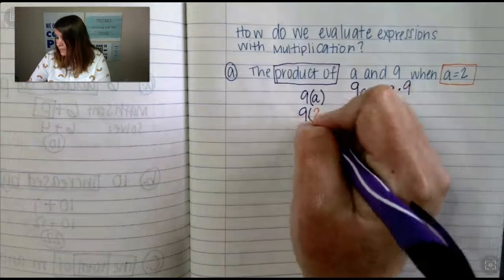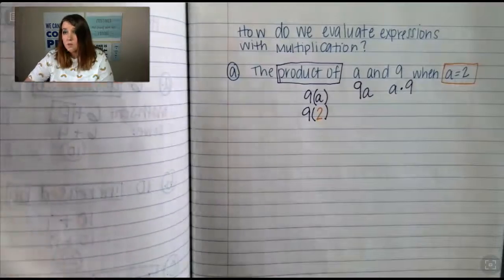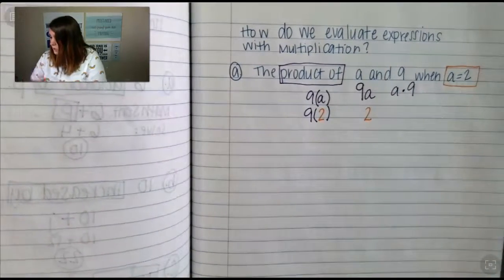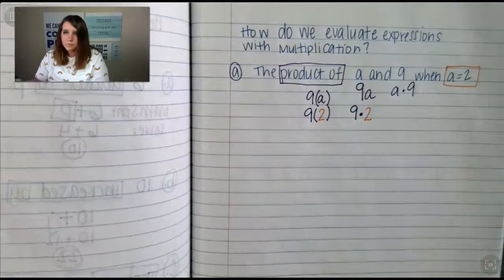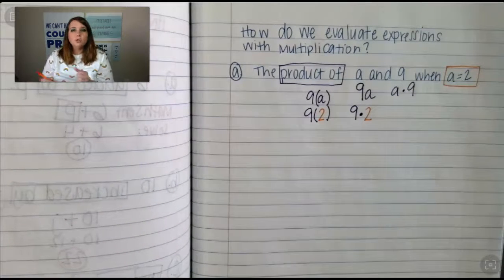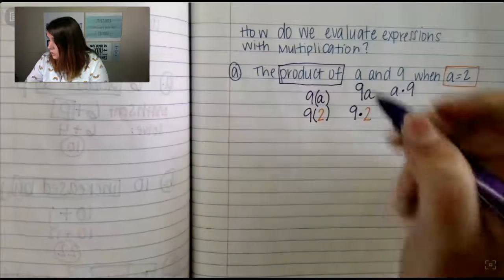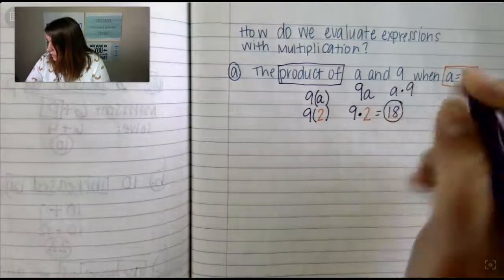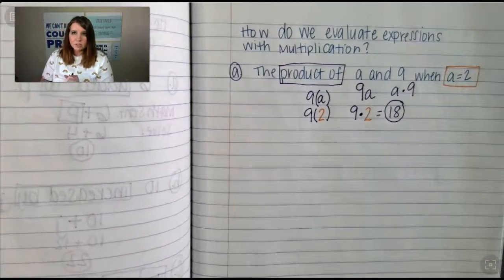So you either need to keep those parentheses there, or if you're solving this problem here, you need to toss in that dreaded old dot, okay? And then you can evaluate from there. So 9 times 2, we know, equals 18. This is how we evaluate these expressions.